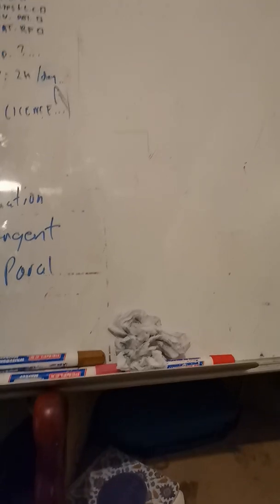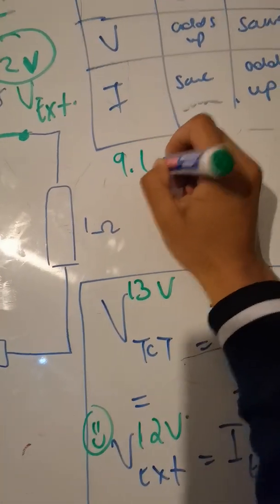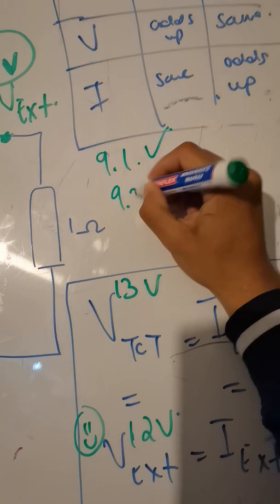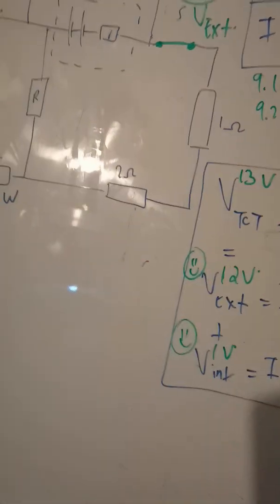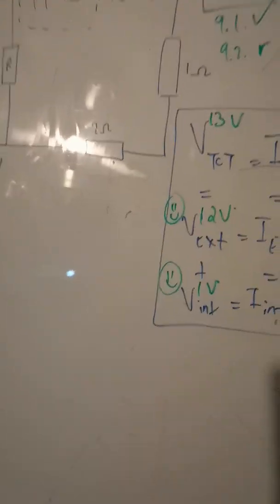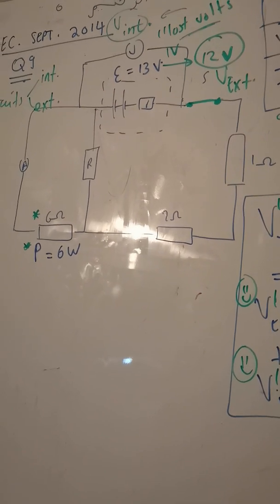I explained that: because it's an internal circuit and there's internal resistance and there are lost volts. So 9.1 is fine. 9.2 says calculate small r, which is to calculate the internal resistance of the battery and show all steps.